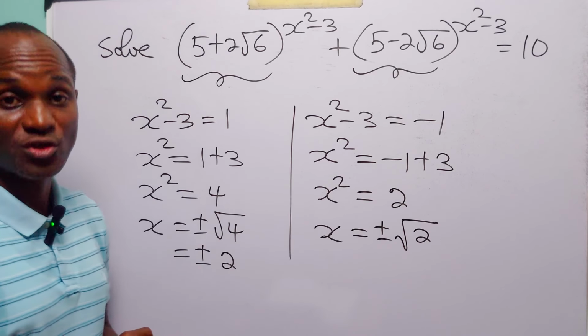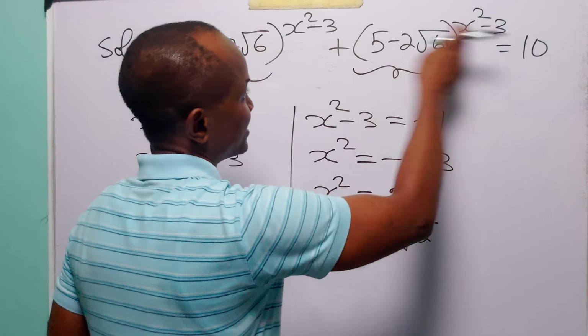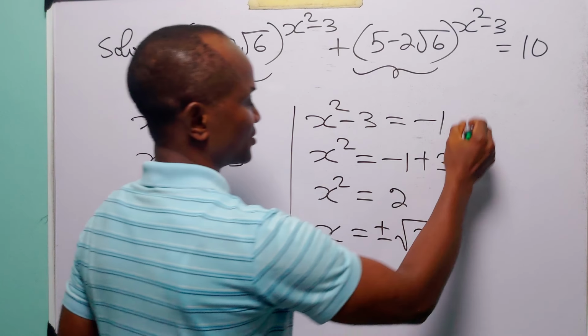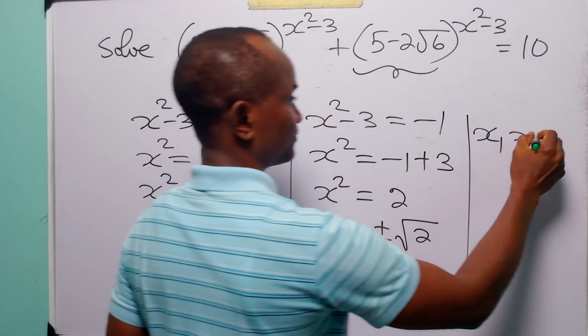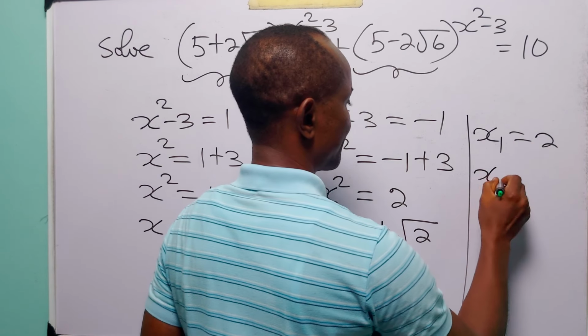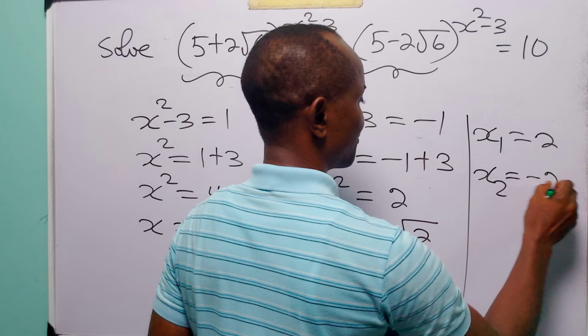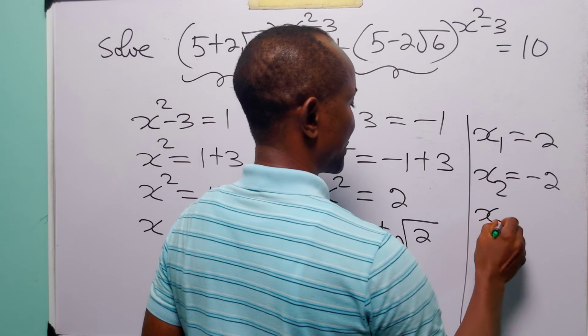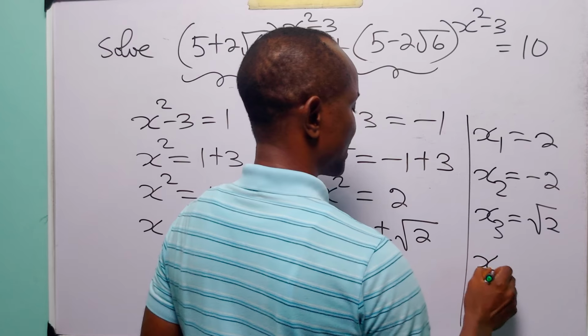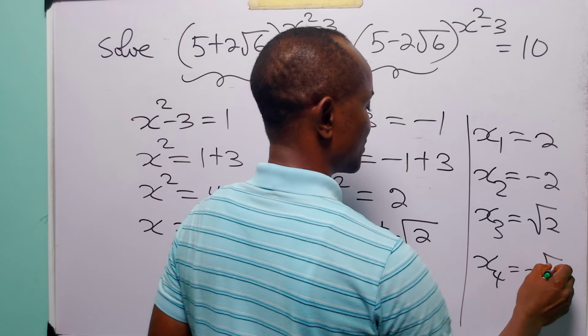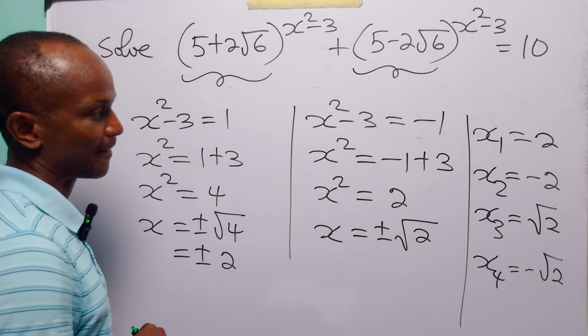So the four values of x that satisfy this exponential equation are x equal to 2, x equal to minus 2, x equal to root 2, and lastly x equal to minus root 2.